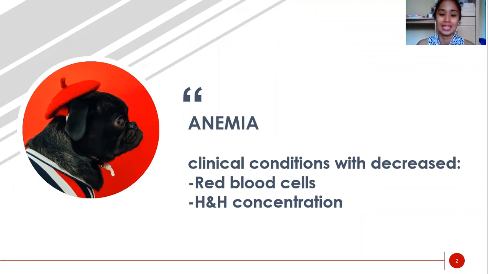So, guys, anemia. Unlike leukemia, most of anemia is decreased. It is a group of clinical conditions or clinical disorders which will show decreased red blood cells and decreased hemoglobin and hematocrit concentration.